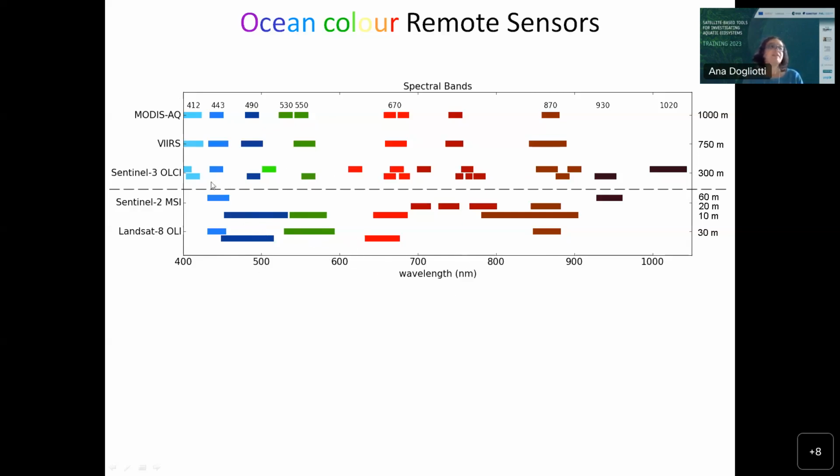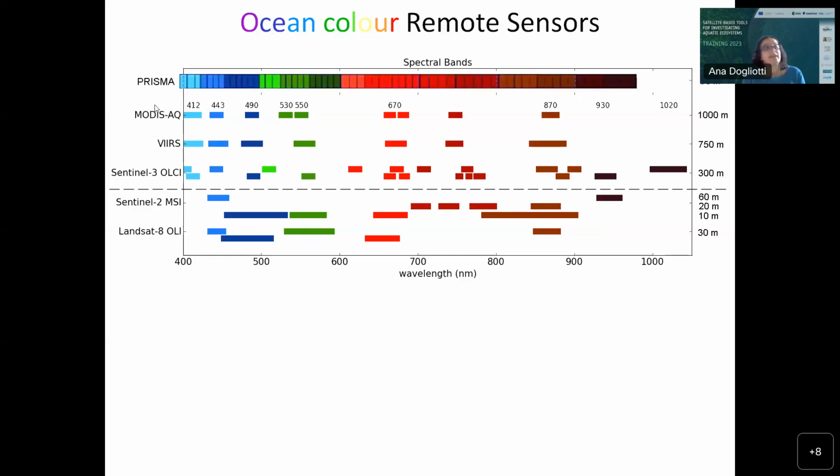They also have bands in the blue, green, and red, and, as you can see, better spatial resolution: 10 meters, 30, 60 meters, for another type of use, more useful in coastal areas. But they also have bands in the near infrared.